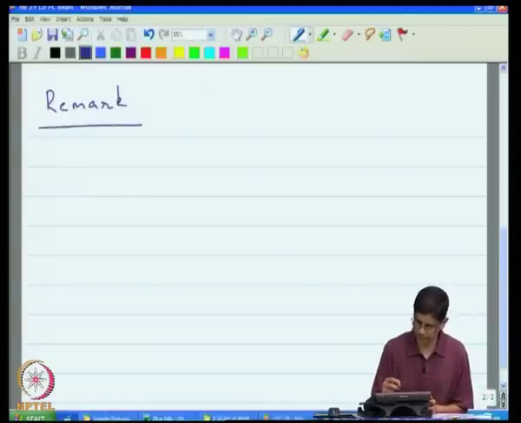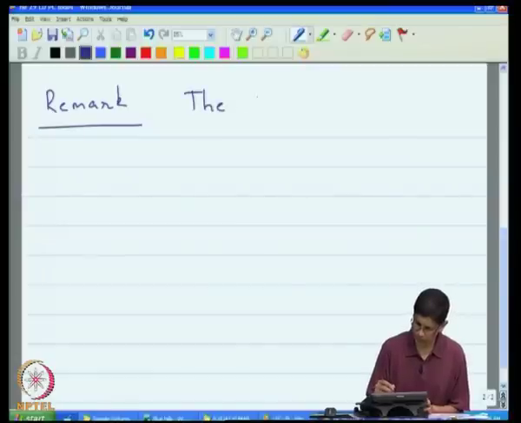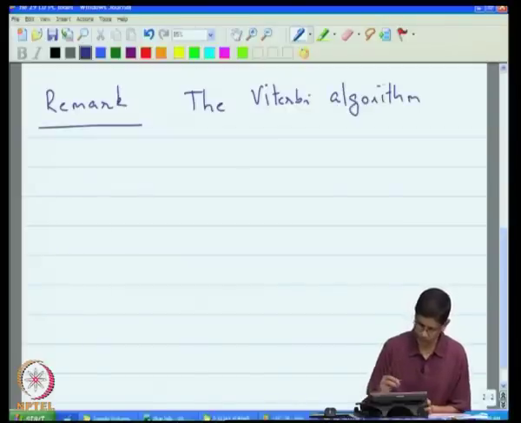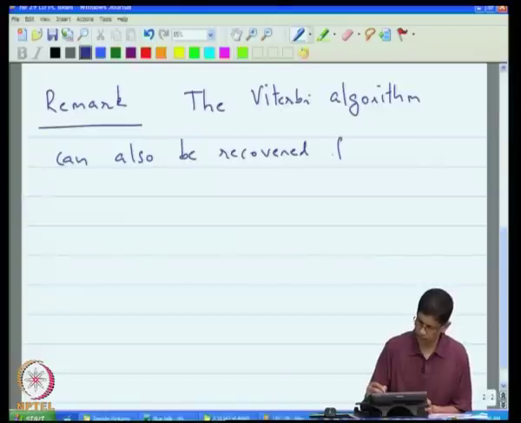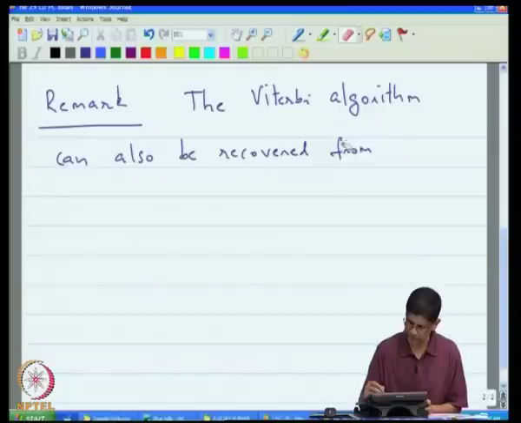that the Viterbi algorithm can also be recovered using the GDL.